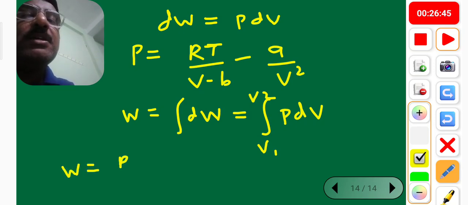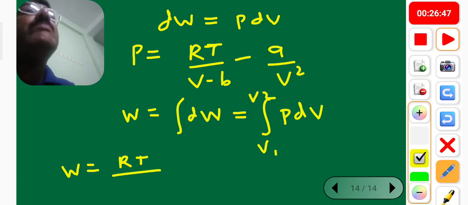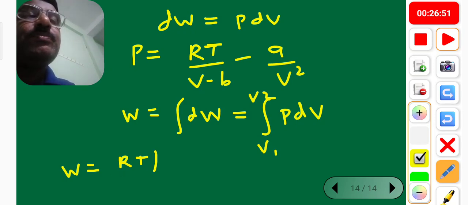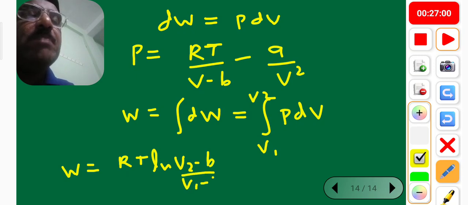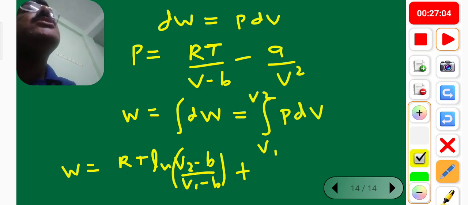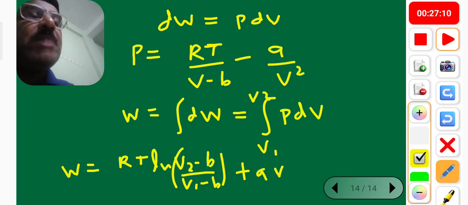How much will you get? RT into ln of V2 minus B divided by V1 minus B. This is what you will get, plus the second term, A into V2 minus V1 divided by V1 V2.